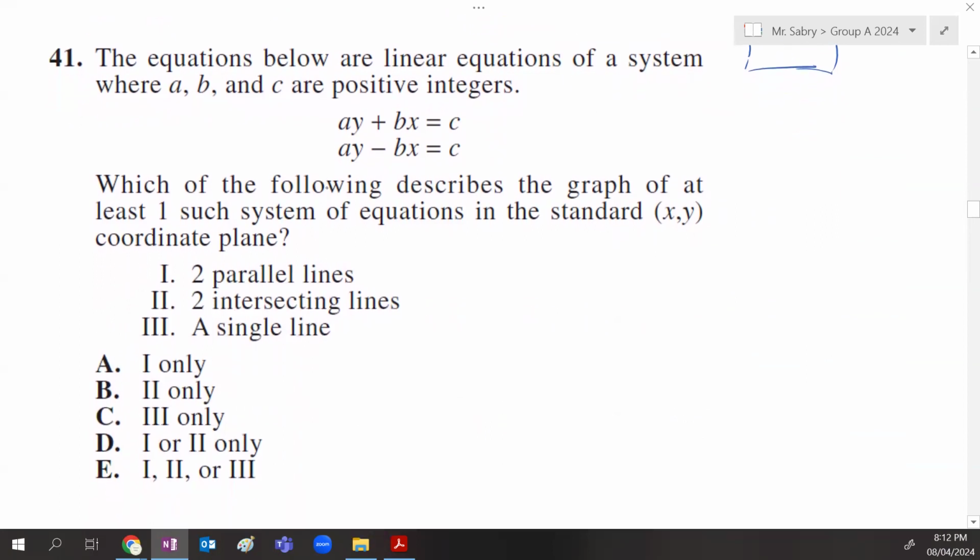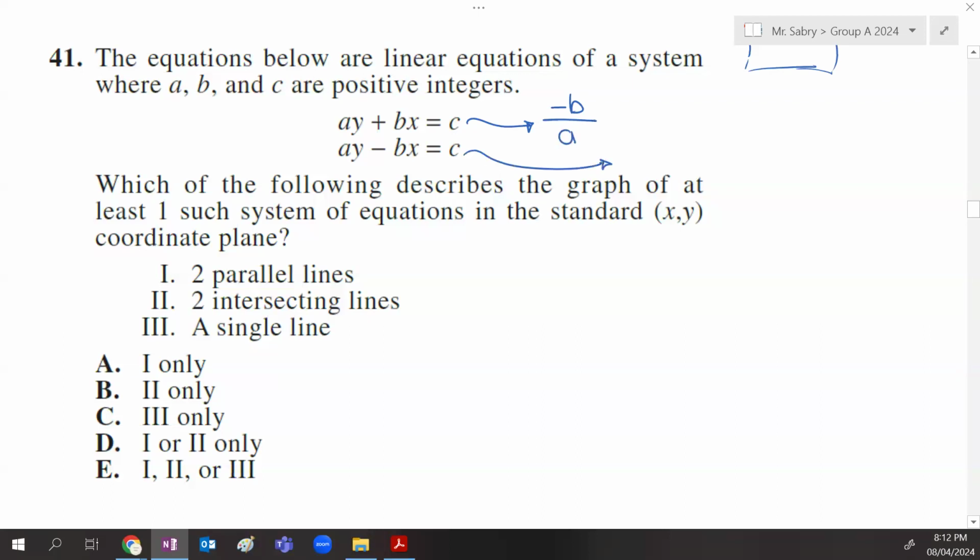The equations below are linear equations of a system. Which of the following best describes those? And they told you that A, B, C are all positive integers. First, we'll figure out the slope of the first equation. I remember telling you that the slope of this form is negative the number next to x, which is negative b, over the number next to y, which is a.